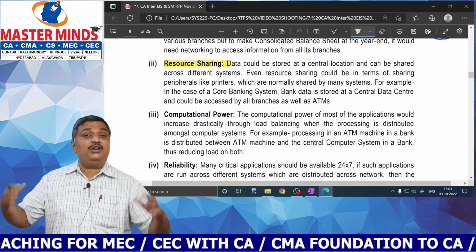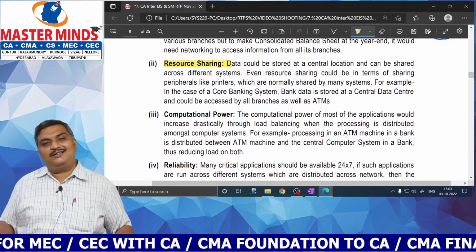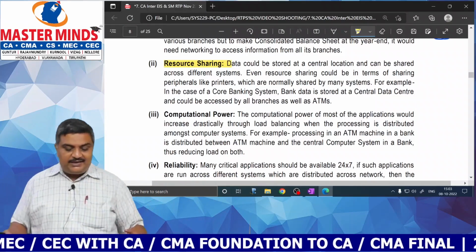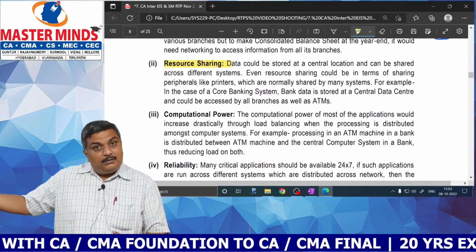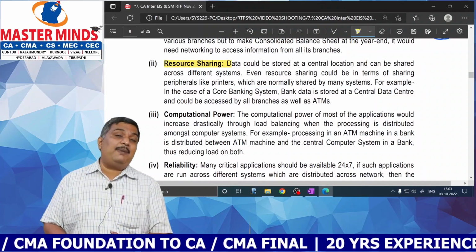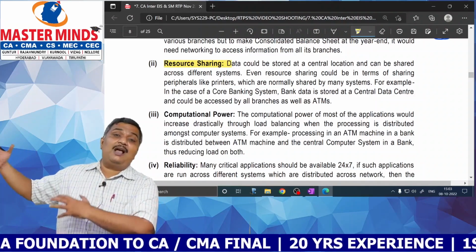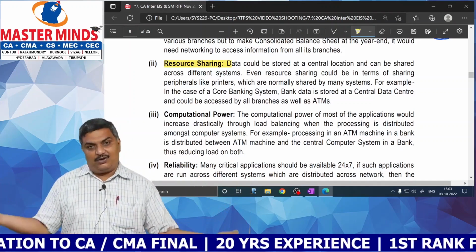You have a printer and you want to share it with all of others in the office. Yes, you can do it. That is resource sharing. You can share the data. Your data is stored in the central data center at the bank, and the same data has been shared by all the ATMs across the world or across the country.